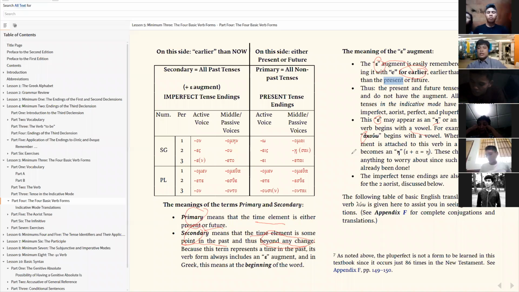So the alpha in akouo, when it becomes a secondary verb, the alpha would change into an eta or epsilon iota.